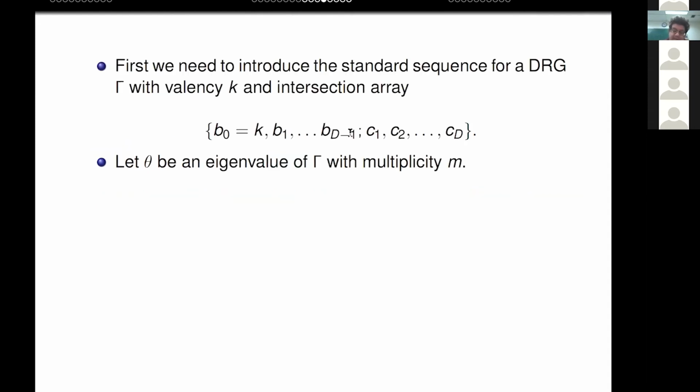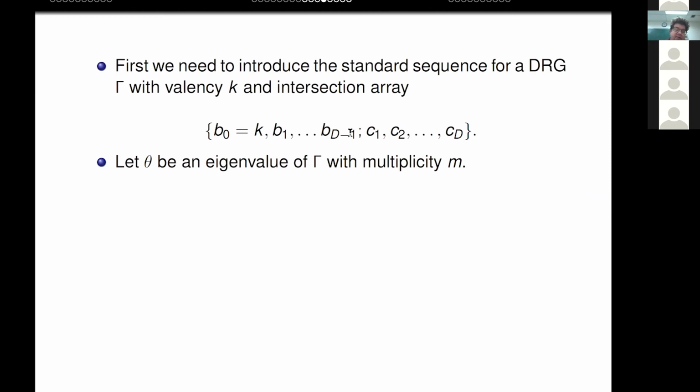Okay. So now I'm going to give a sketch of proof for that proposition. We will introduce the standard sequence for a distance-regular graph Gamma with valency k and intersection array {b0, b1, ..., b_{D-1}; c1, c2, ..., c_D}.